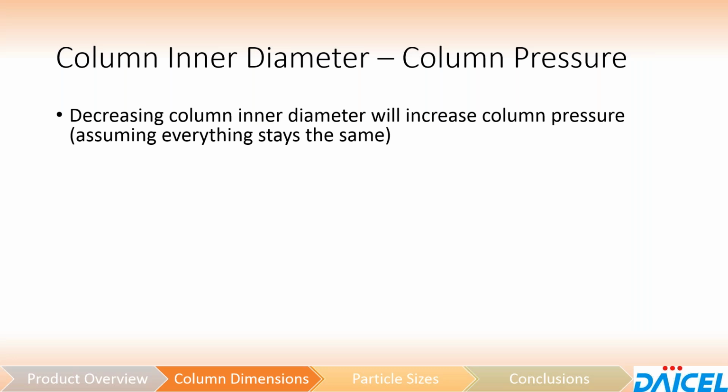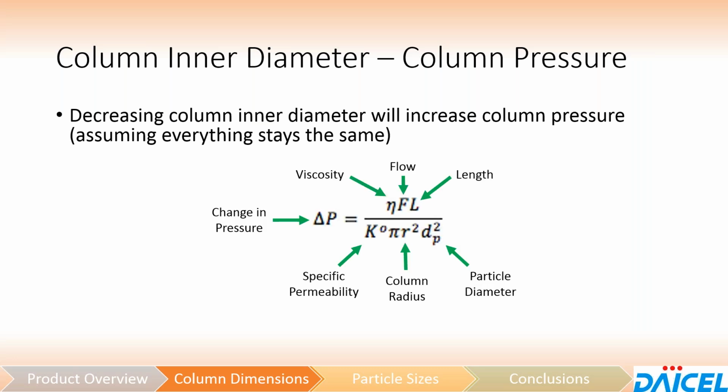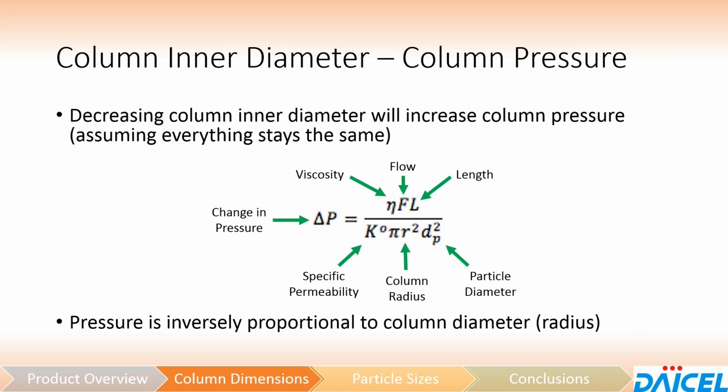If we look just at column pressure, decreasing the column ID will increase the column pressure, again assuming everything stays the same. Our equation for change in pressure in the chromatographic system is directly related to the viscosity, the flow rate, and the length, and inversely proportional to the specific permeability, the particle diameter, and, for our current topic, the column radius. So a decrease in the column radius or diameter will increase the pressure.